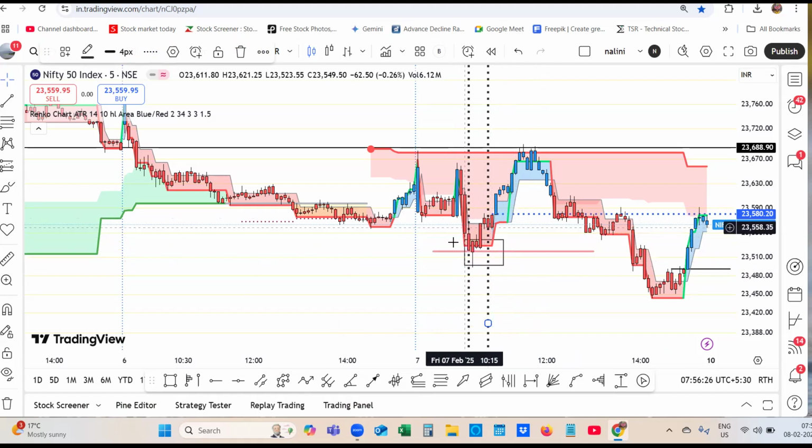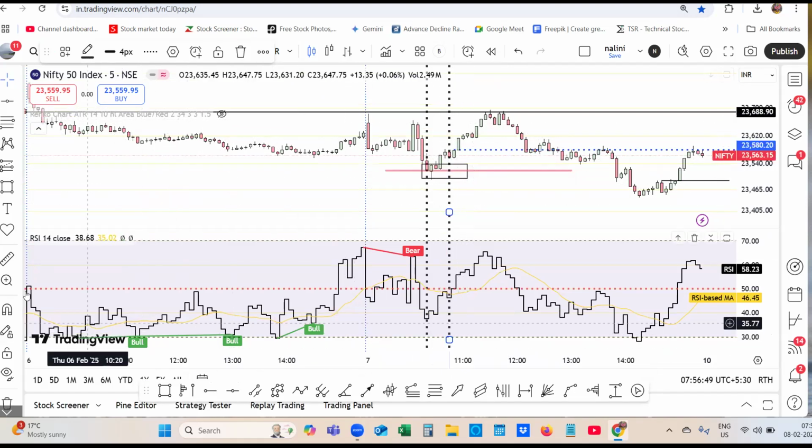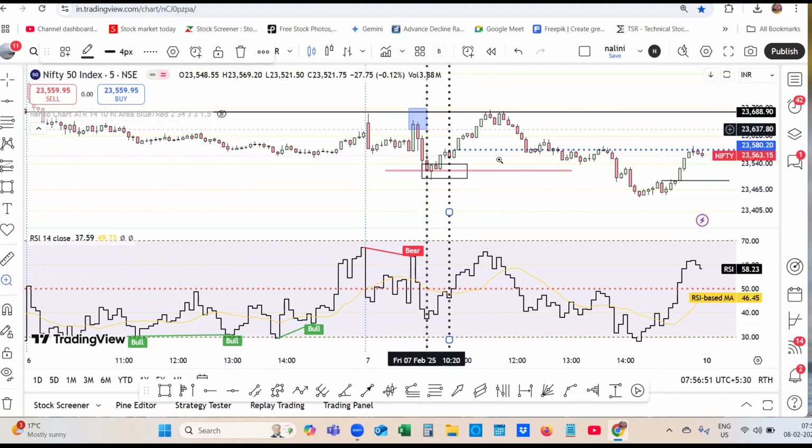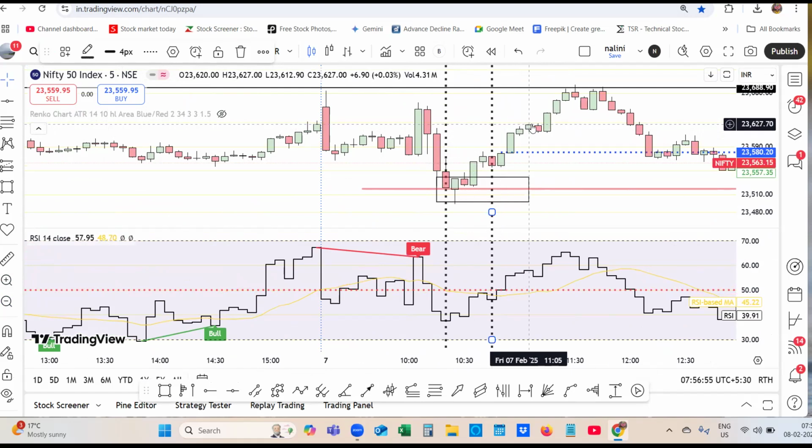So, if you are getting this entry here, you need to be very confident and have a lot of experience to hold. For beginners, it is highly difficult. This entry is very comfortable. Even if I go to the chart, after this entry, you can clearly see, if I zoom it out, there is no whipsaw.